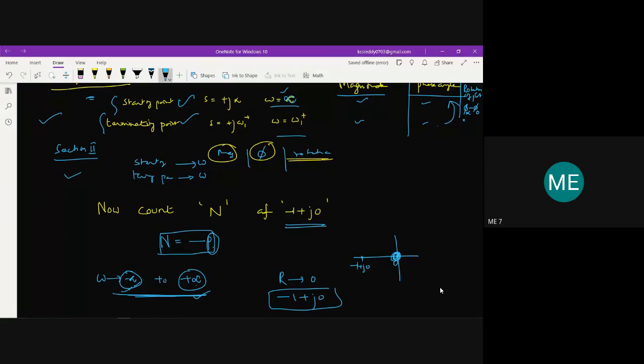For this, omega is minus infinity to plus infinity. In the stability analysis, we show the mapping of the last section as a single point, that is the origin.